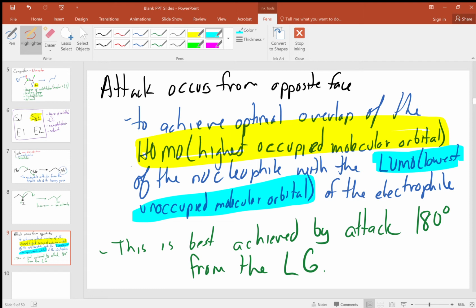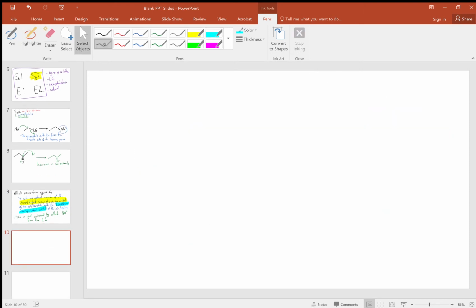All right, what's an example of where we might run into an SN2 reaction? Where might this reaction be important?